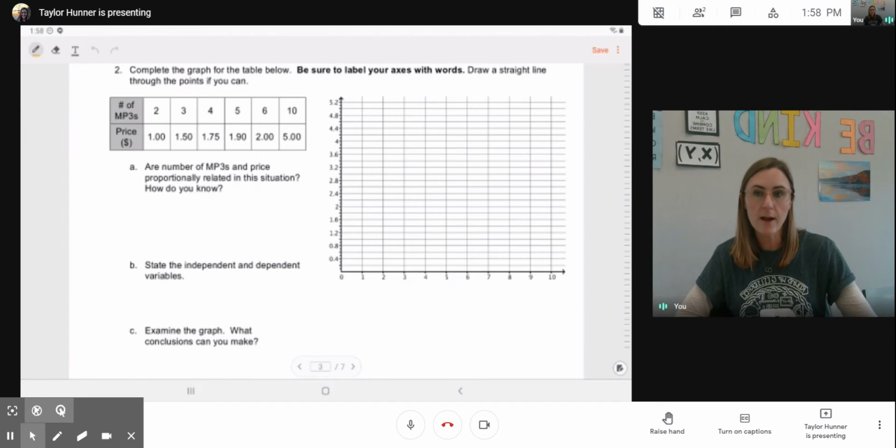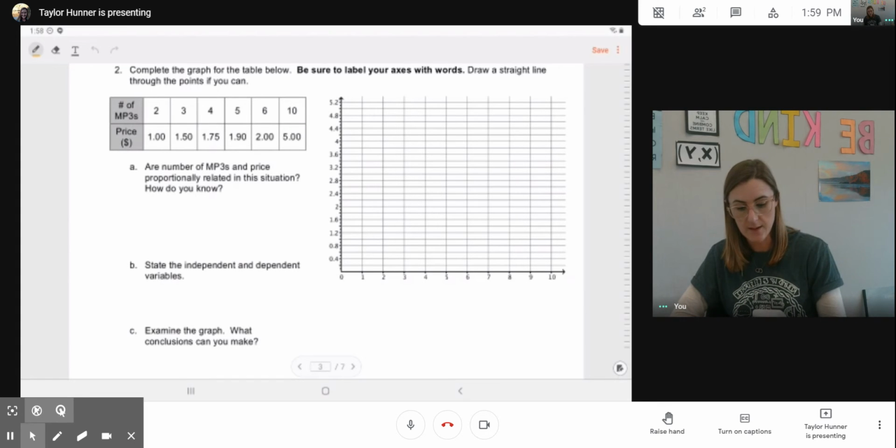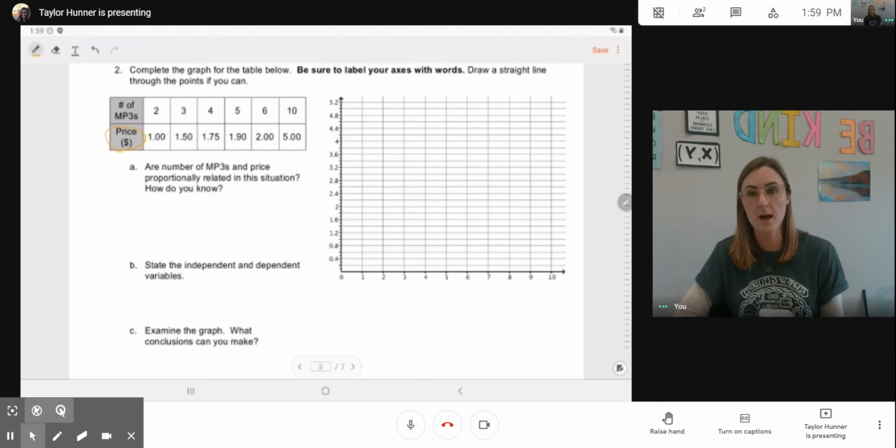Now complete the graph for the table below. Be sure to label your axis with words. Draw a straight line through the points if you can. So we have number of MP3s and we have the price. And we have to think what's going to depend on what. So in this case, our price, or how much we pay, is going to depend on how many MP3s we buy.